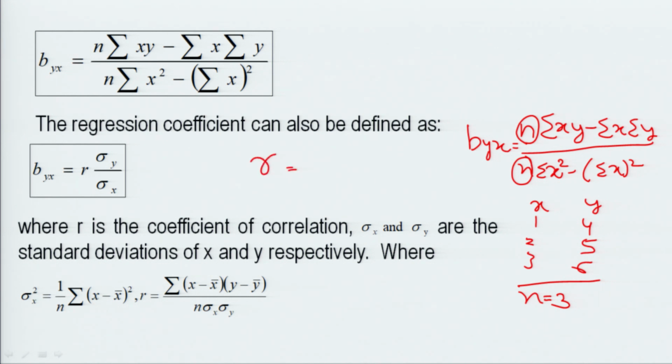R is the correlation coefficient, and sigma x, sigma y are the standard deviations. Standard deviation, that means sigma x square is equal to 1 by n summation x minus x bar whole square, and sigma y square is equal to 1 by n summation y minus y bar whole square, and r is given by summation x minus x bar into y minus y bar upon n sigma x sigma y.